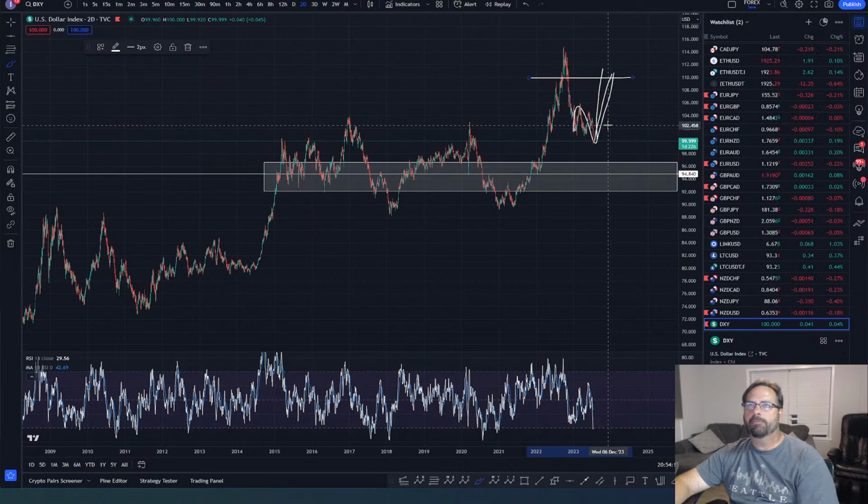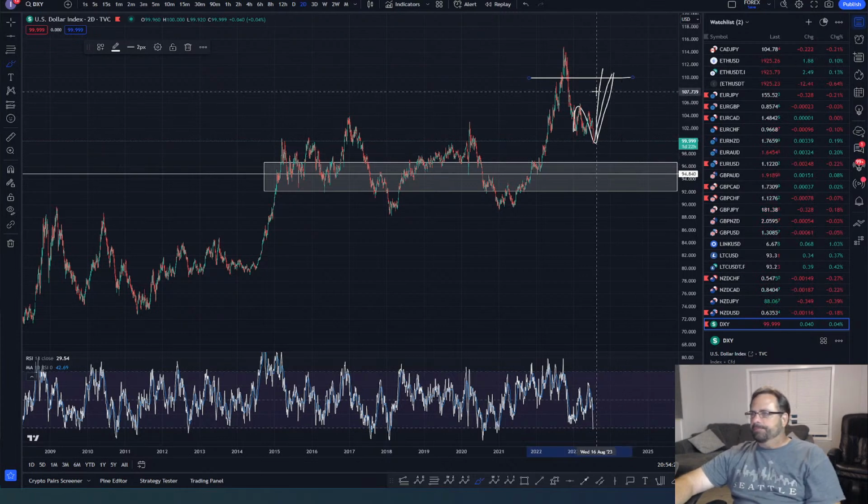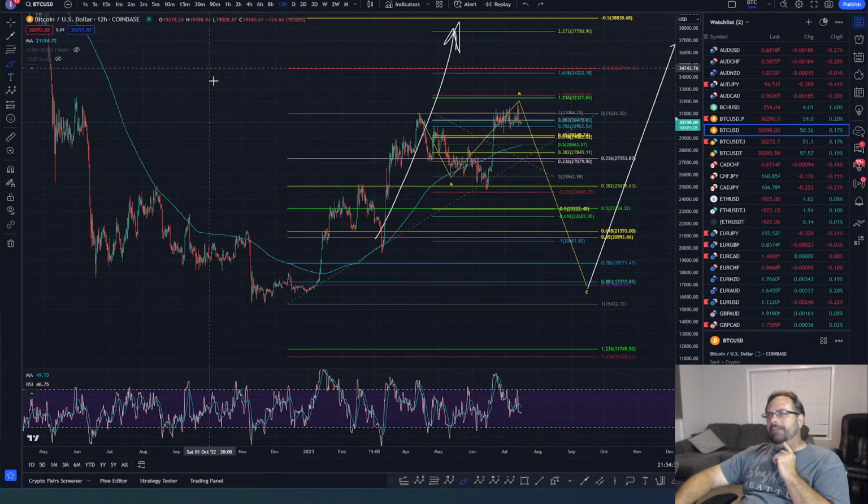We might get a bearish move down to the downside. So we'll have to wait and see how that plays. Okay. Anyway, we'll do some more looking at the DXY here shortly. But that said, let's go back to ADA.